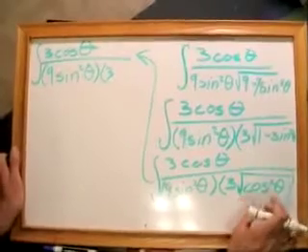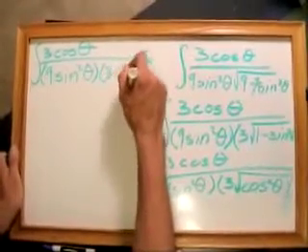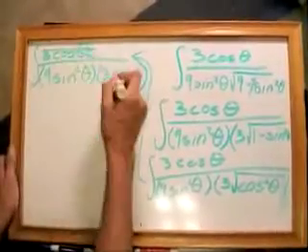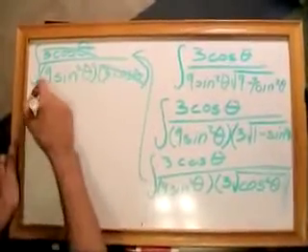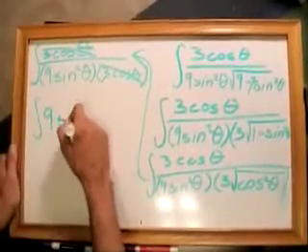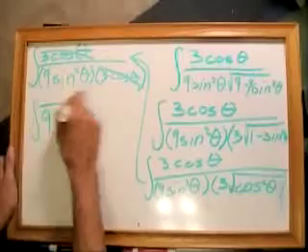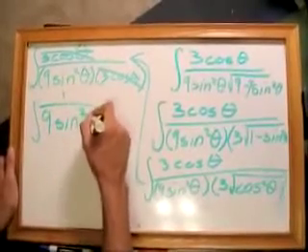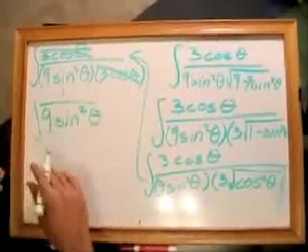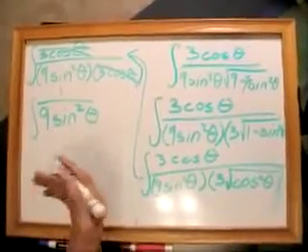Take the square root of a square and you just get cosine theta. So this cancels out, and you get the integral of 1 over 9 sine squared theta. You can just take the 1/9 out because it's integration, and you can do that.